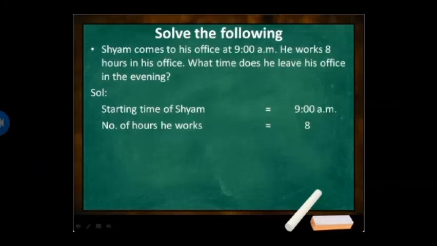Now here's the next problem. Sham comes to his office at 9 a.m. He works for 8 hours in the office and you have to calculate what time he leaves the office. So the starting time for Sham to come to the office is 9 o'clock. He works for 8 hours.